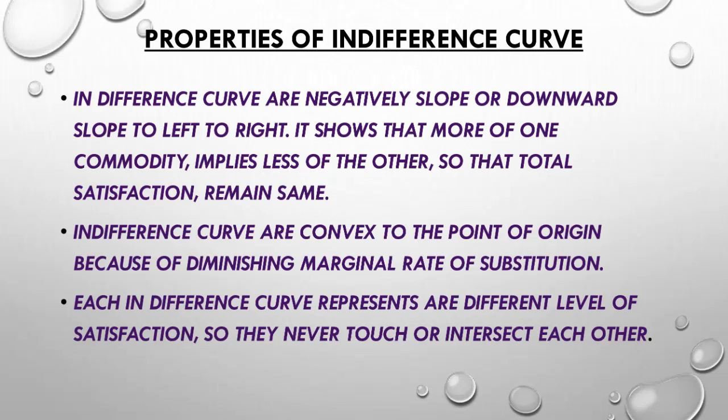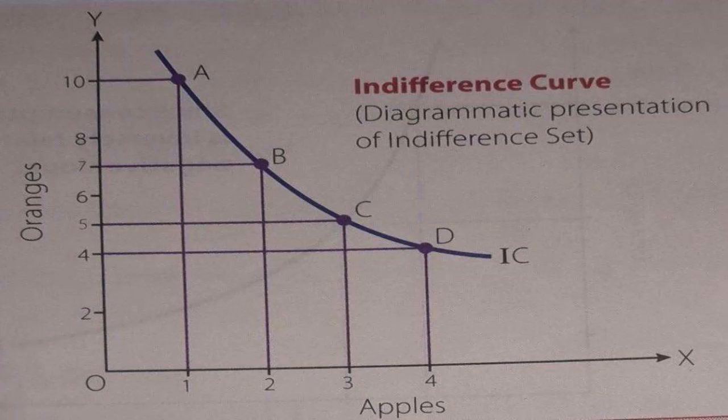And number 5, the indifference curve touches neither the x-axis nor the y-axis. Because of what? Because it is assumed that a consumer buys a combination of two goods. That's why it never touches the x-axis or y-axis.